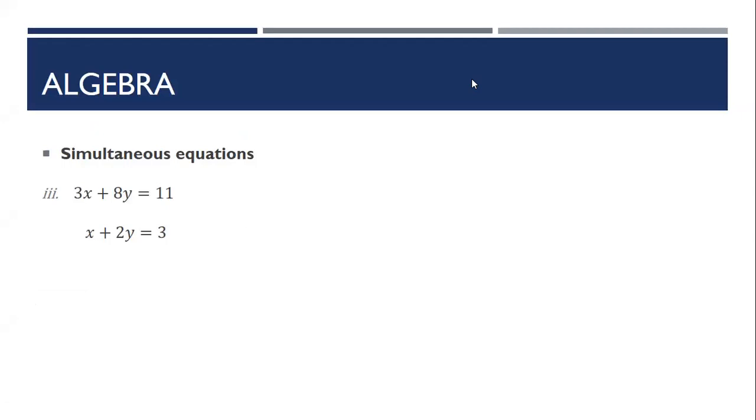Okay, so one person got the answer x is 11 and y is minus 4. Let's see. Here I take this as my equation 1 and this as my equation 2.